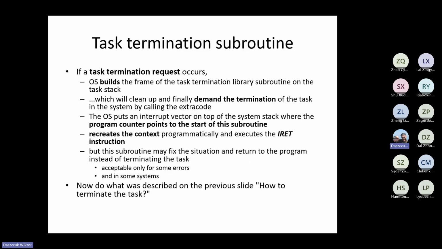How is it done? Of course, if we need to give a program a chance to clean up, we must call some function in the program which does it. So every program, you can look in the documentation, for example, in C or C++, has a linked library procedure closing the program.